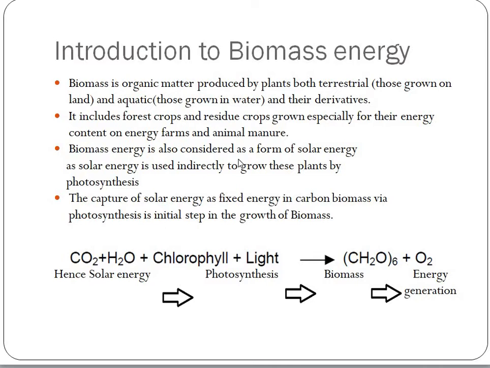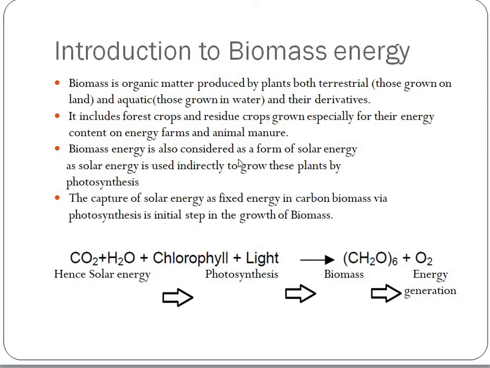Whatever animal manure or waste is there can be used to generate biomass energy. Biomass energy is also considered a form of solar energy, as solar energy is used indirectly to grow these plants by photosynthesis.